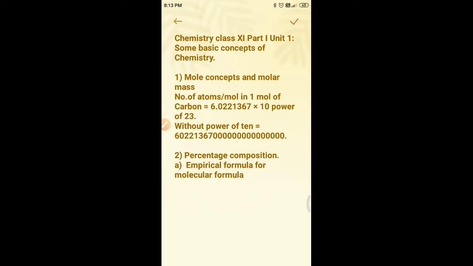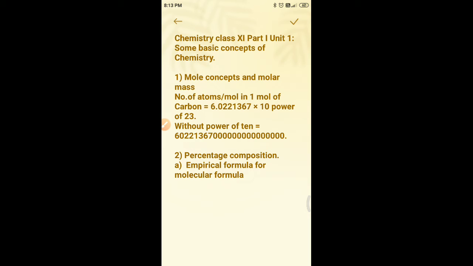Adding all of these together, 4.07 plus 24.27 plus 71.65 equals 100%. If this is 100% of the compound, it means the total starting material is 100 gram. So 100% means 100 gram of material, and we should convert percentage to grams.